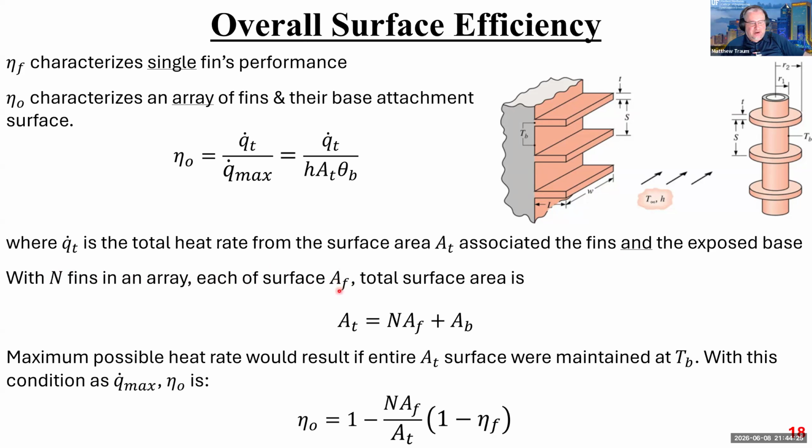Remember, A sub f is the surface area of the fin. The total surface area is as follows. So what is this A sub T thing? It's the area of the fins and the exposed base. So it's the number of fins times the heat transfer area associated with each individual fin plus the area of the base, right? So add all that up.